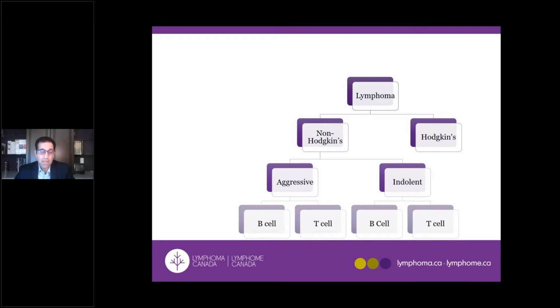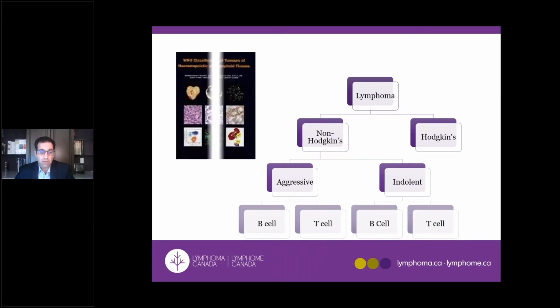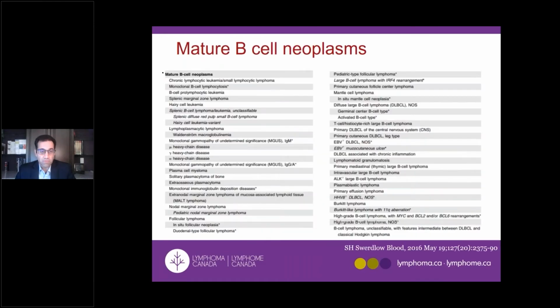Every time they put their information in a big book, the WHO, World Health Organization classification, and the most recent one published many types of lymphoma. So lymphoma is not only one disease, it's many types, could be aggressive, could be indolent, but each has a different presentation and a different treatment.